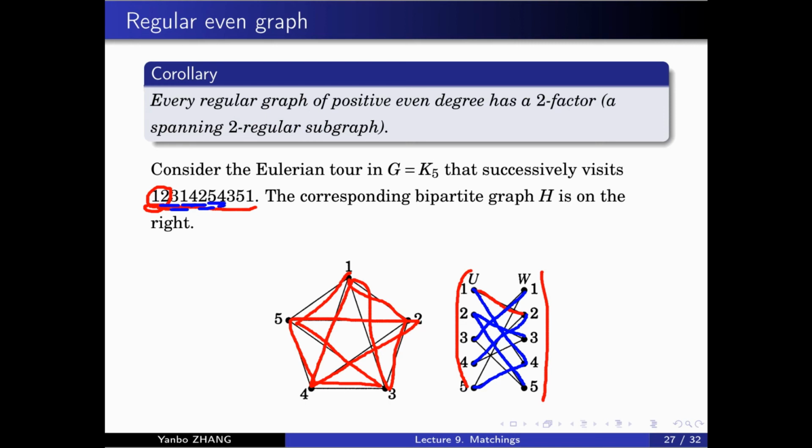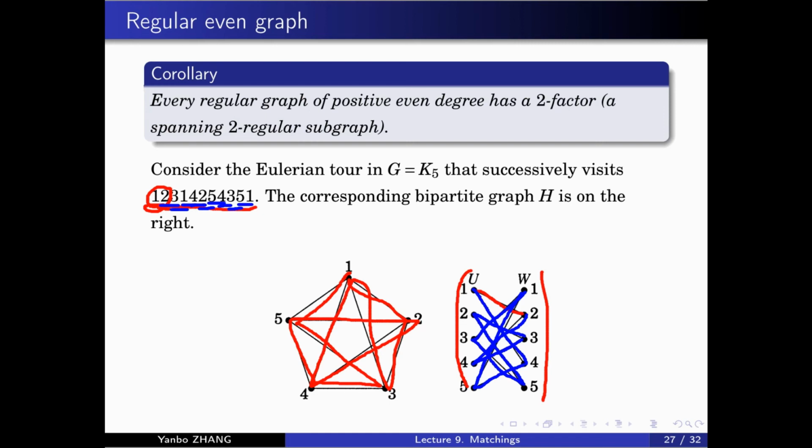There is a 4, 3 on the tour, so we have an edge from 4 in U to 3 in W. There is a 3, 5 on the tour, so we have an edge from 3 to 5. And there is a 5, 1 on the tour, so we have an edge from 5 to 1. This is how we obtain this bipartite graph.